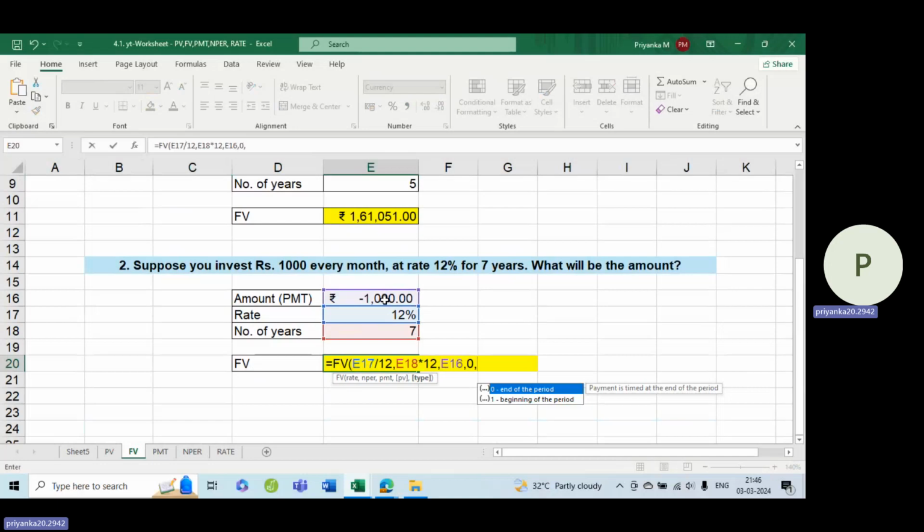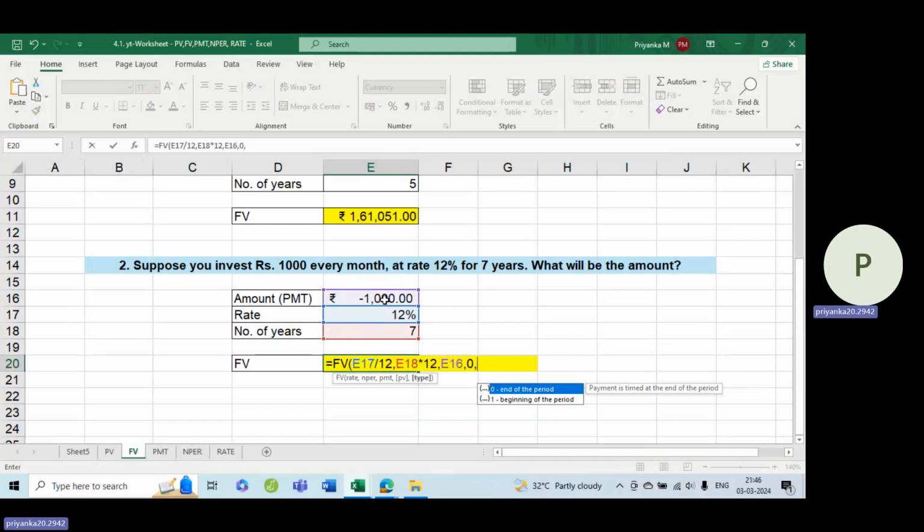Then one more thing you have to understand, if you are extending the formula, they're asking whether you will be paying at the end of the period or the beginning of the period.